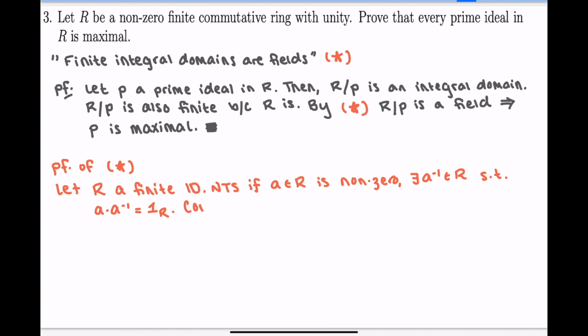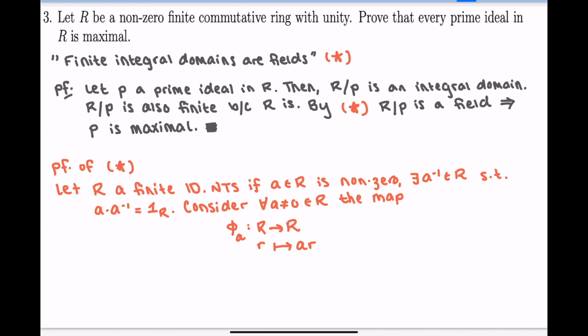What I'll do is consider, for all a not equal to 0 in R, the map, let's call it phi sub a, which takes R to itself, and takes little r and maps it to ar. And the claim here is that phi sub a is invertible, so it's a bijection, an injection and a surjection.